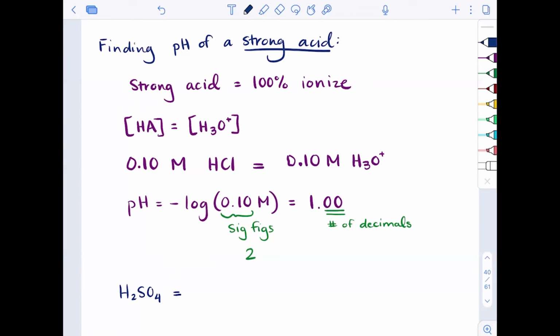So when we think about H2SO4, we'll think a little bit more in class about how much H3O+ is contributed, but it is not double and it is not exactly 1, all right? Because of its diprotic nature, H2SO4 starts off as a strong acid, and then remember HSO4 minus will also contribute as a weak acid. When we get to weak acids, we'll dive into that a little bit more.